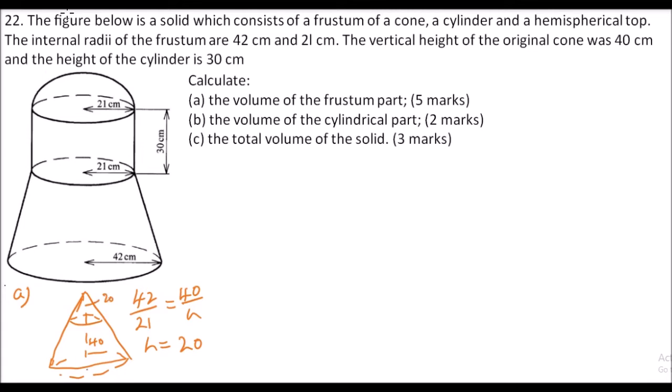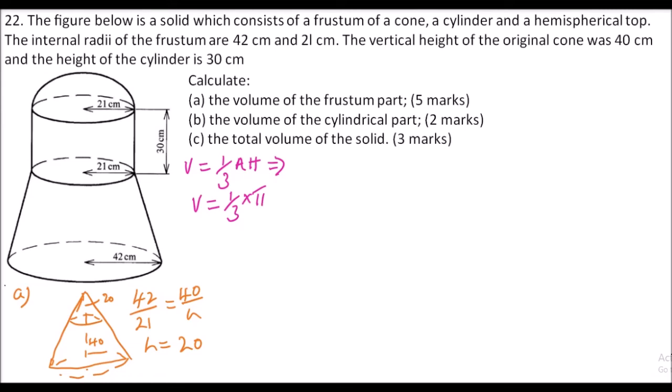So it means from here to here it is 20. So it's like the cone was cut at halfway. To get the volume, we say it's the volume of the whole cone. The formula for finding the volume of a cone is one third base area times height. So the volume of the frustum is equal to the volume of the whole cone, where the area is pi r squared.